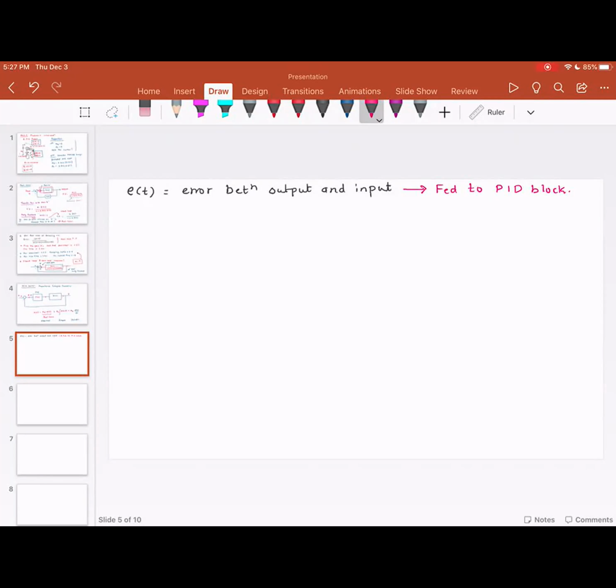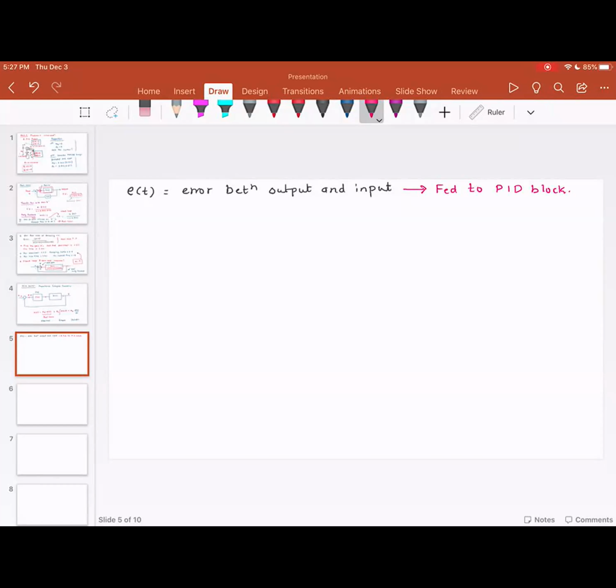Now, next thing is you have something called as the integral error. This integral error is sort of accumulating the error as the time goes on. And Kd is the derivative gain. So it is actually differentiating the error.